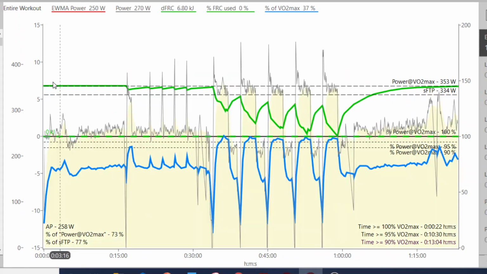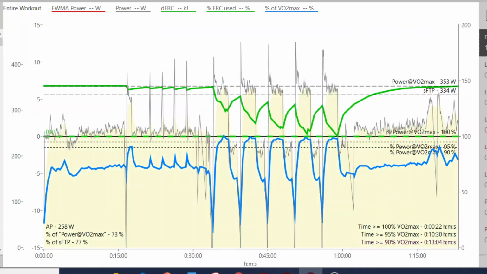So this is summary. This is summary for whatever range you select in the right-hand explorer of WKO, whether it's the entire workout or just a single interval. And these are summary. This is for the entire workout.